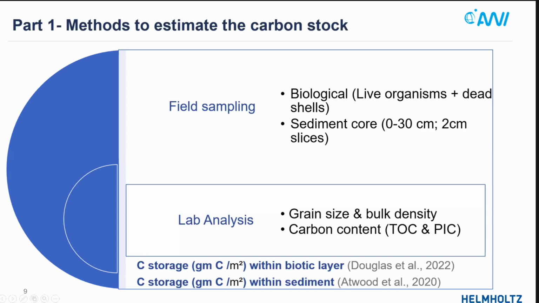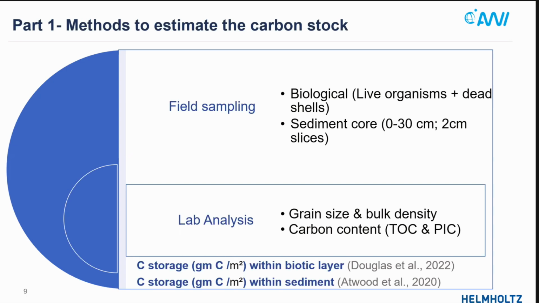Then we come to the methodology part. In the field, we isolated two layers. One is the biotic layer that is formed by the organisms, both their tissue and their shells.